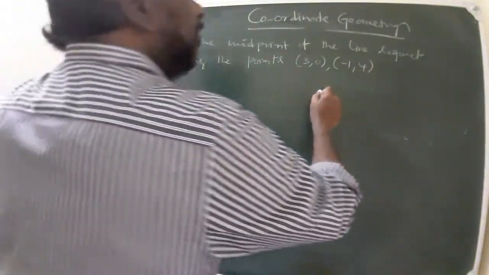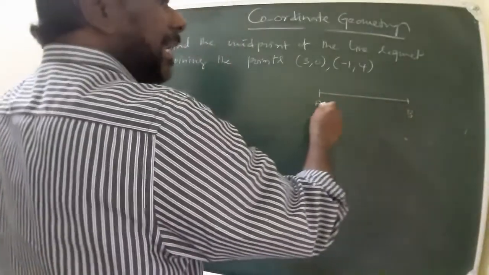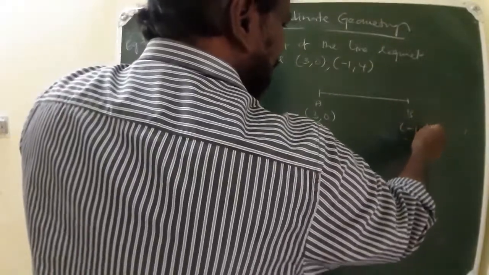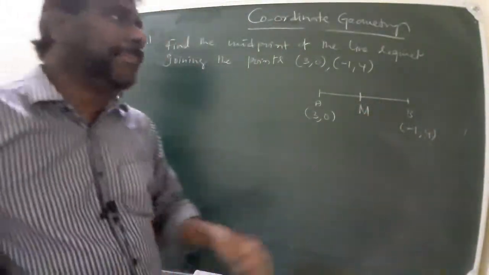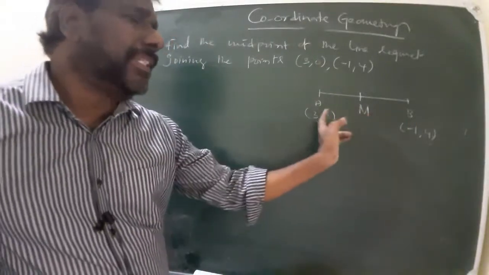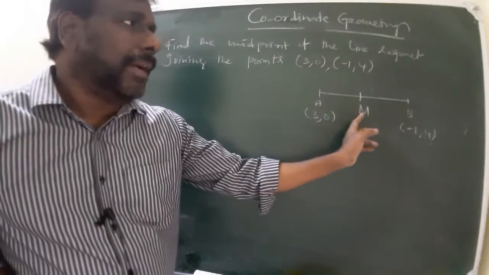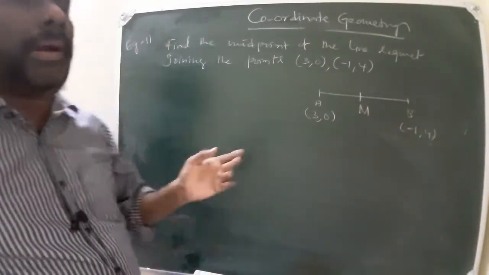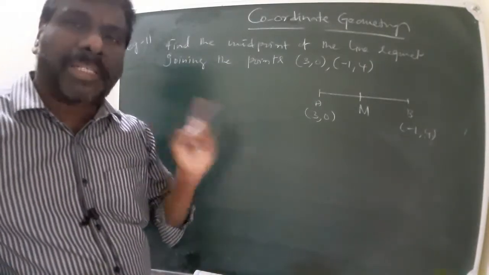Now here you have to find the midpoint. AB is a line segment, let A be (3, 0) and B be (-1, 4). The midpoint M means it is exactly in the middle of A and B. The distance from A is the same as the distance from B. The midpoint formula I already told you: (x1 plus x2) by 2, (y1 plus y2) by 2.